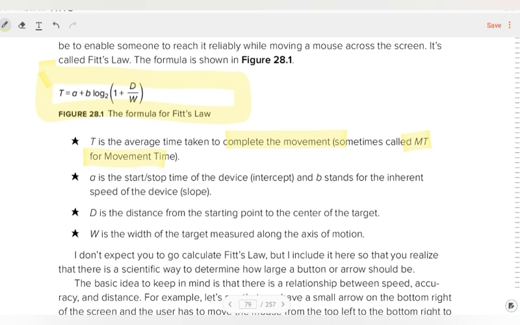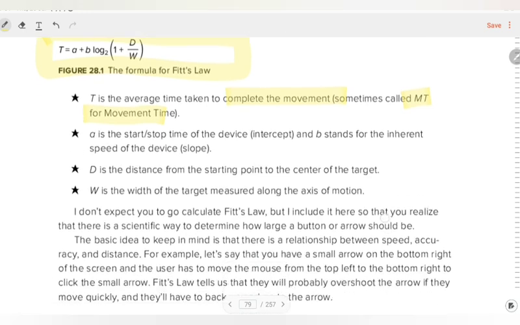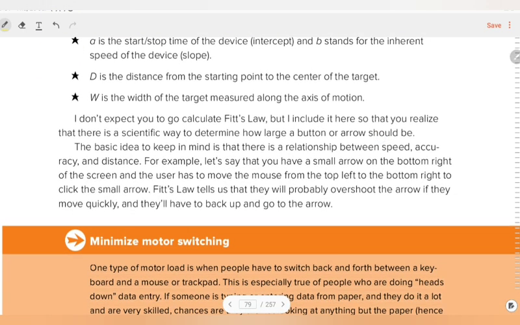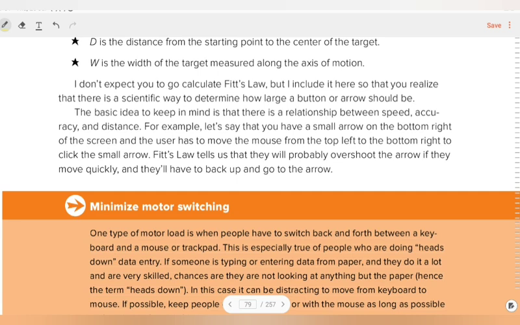D is the distance from the starting point to the center of the target. W is the width of the target measured along the axis of motion. I don't expect you to go calculate Fitts's law, but I include it here so that you realize that there is a scientific way to determine how large a button or an arrow should be.